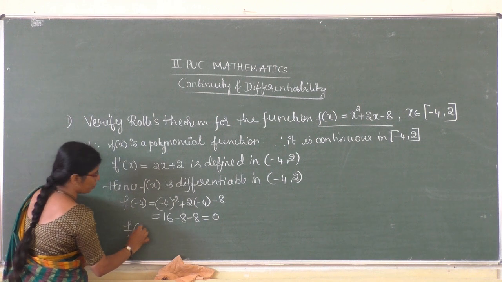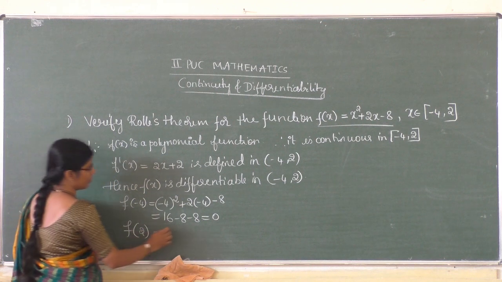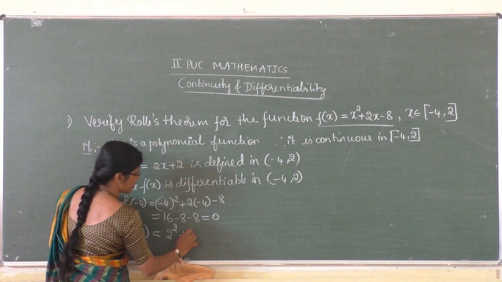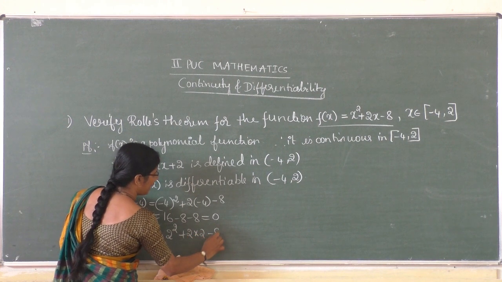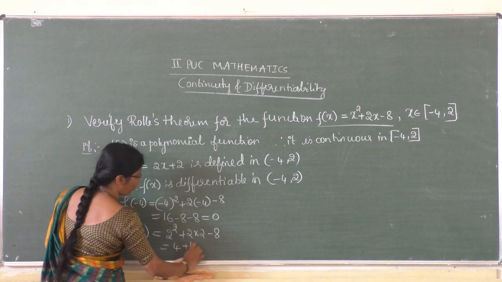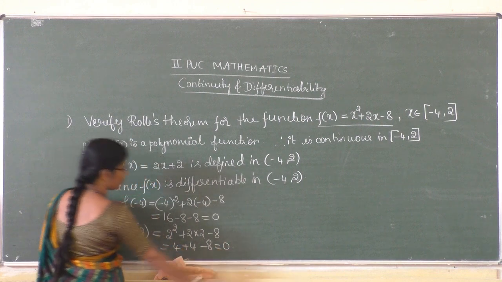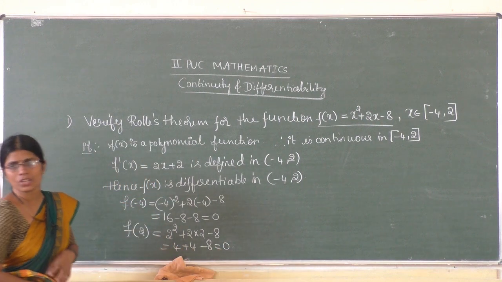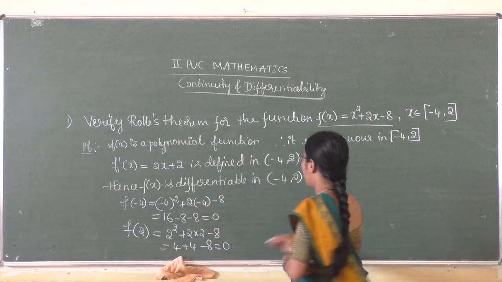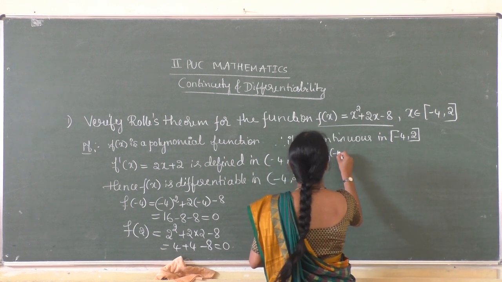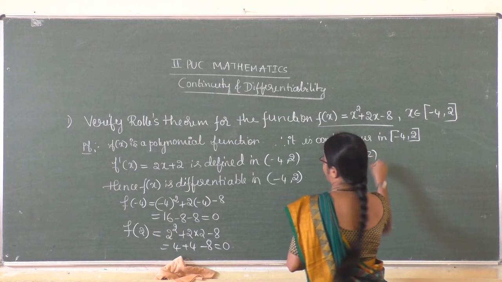Similarly, f of 2 equal to 2 square plus 2 into 2 minus 8, that is 4 plus 4 minus 8, equal to 0. So f of minus 4 equal to f of 2.